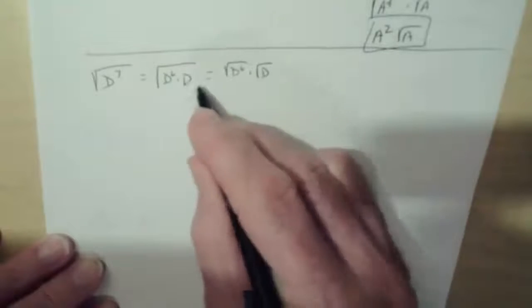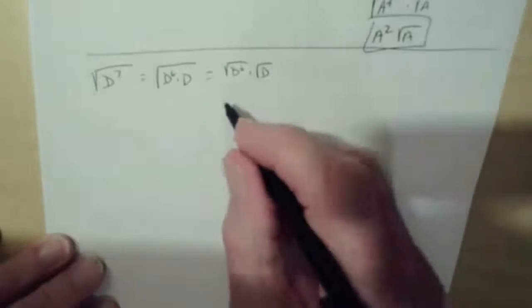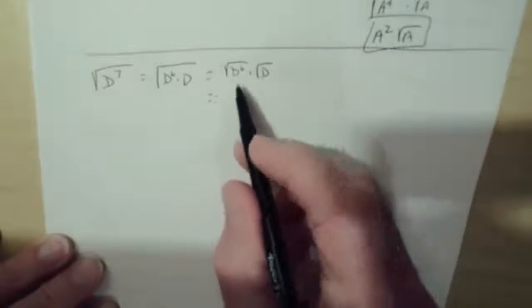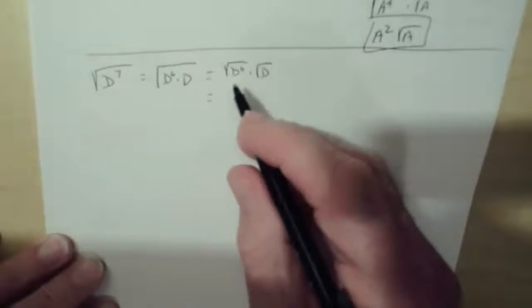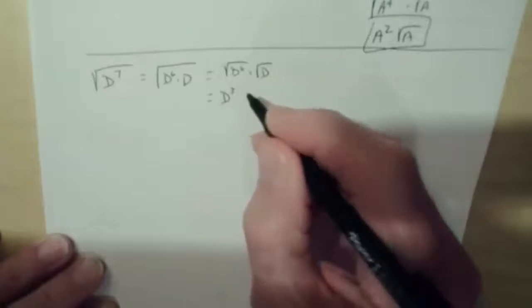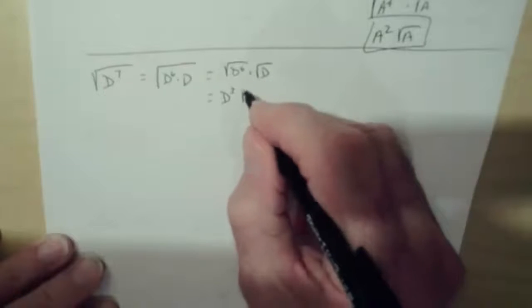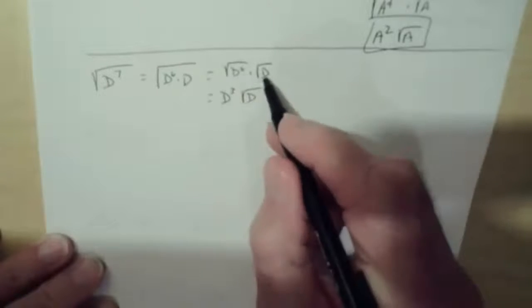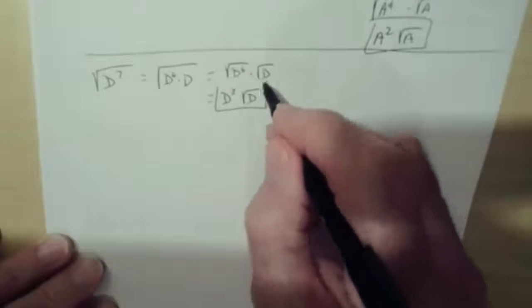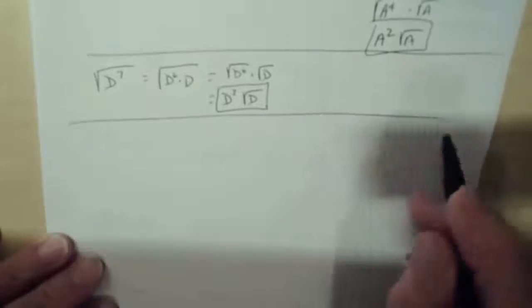And you don't need to break them up like this. It's really pretty simple. The square root of d to the 6th is d cubed, or d to the 3rd, times the square root of d. Can't take the square root of that. Right? Okay.